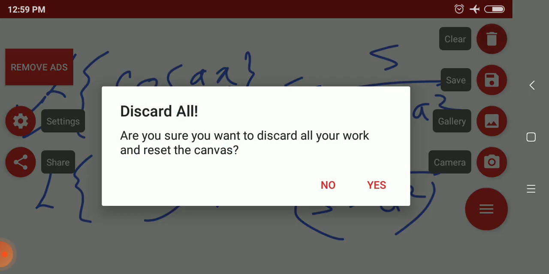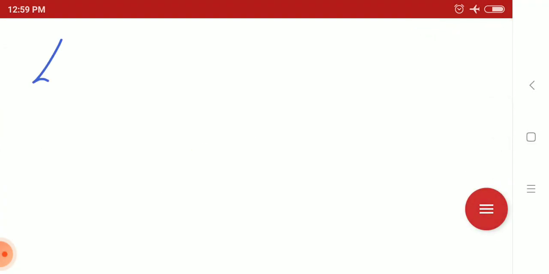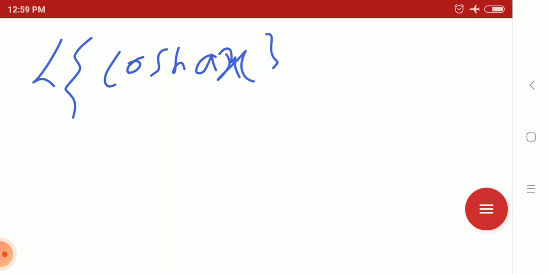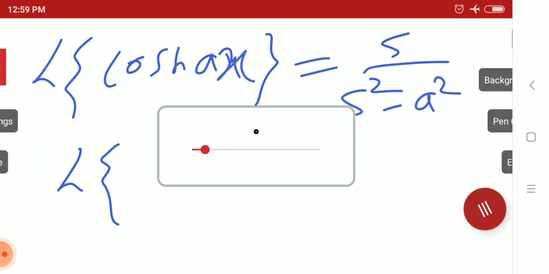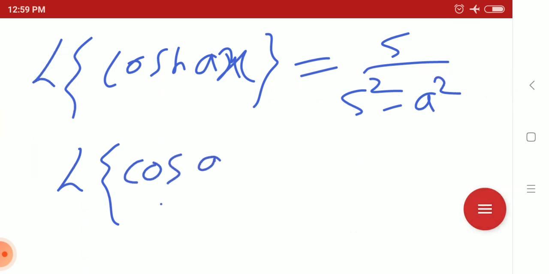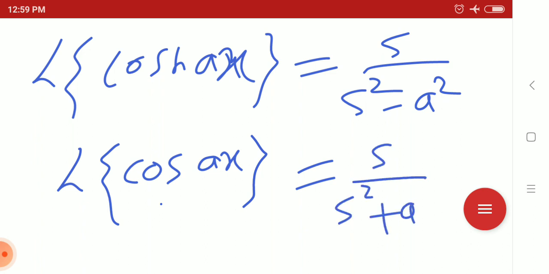Similarly, if we take the hyperbolic function, the Laplace transformation of cos hyperbolic ax will give us s divided by s square minus a square. From the Laplace transformation of cos ax, we were getting s divided by s square plus a square, and for cos hyperbolic ax, s square minus a square.